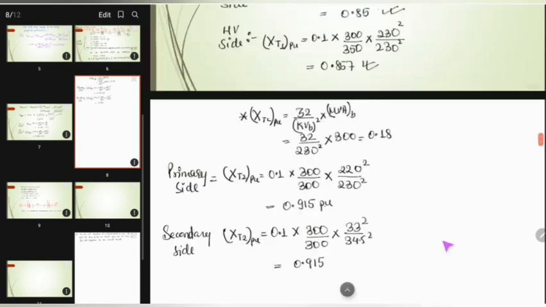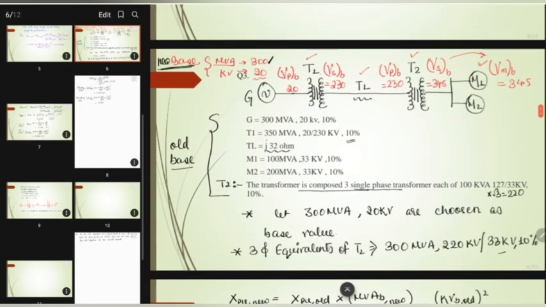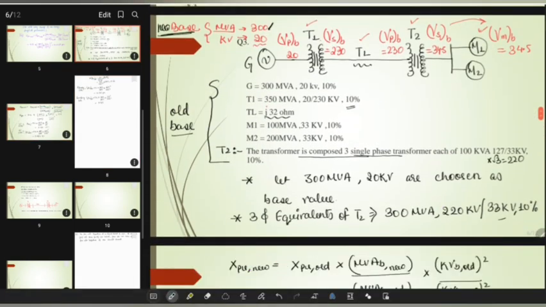Now we need to find per unit impedance for motor 1. Okay, now what is the old impedance? That is 0.1, 10%. Now new MVA base value is 300.